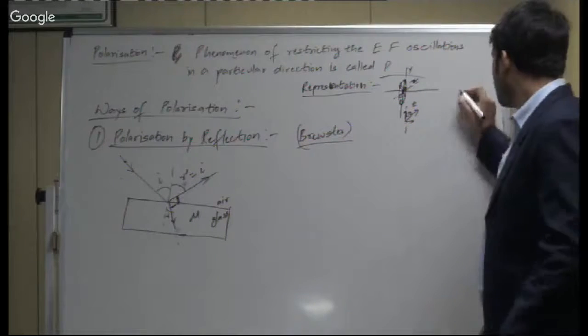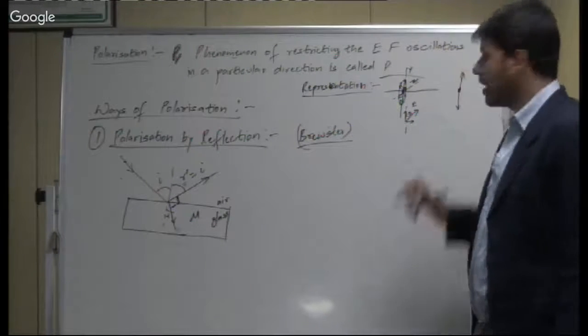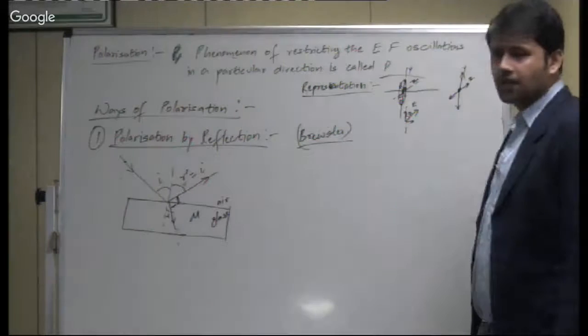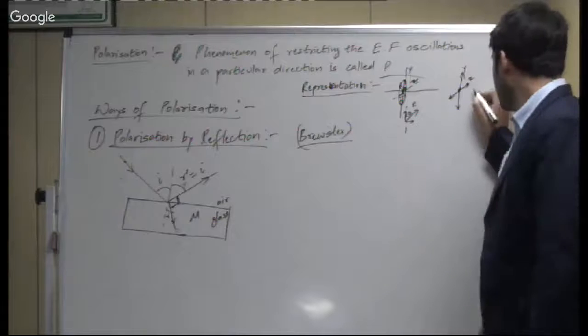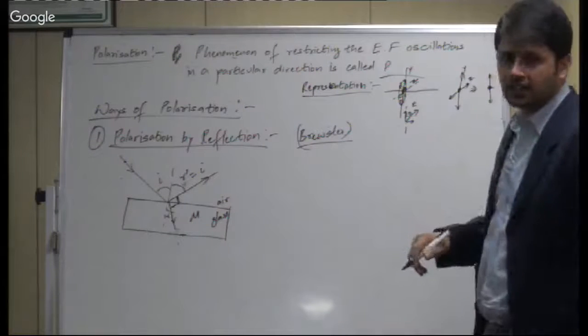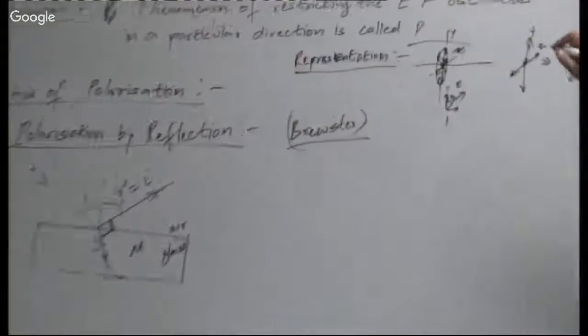The net effect is one big oscillation in the vertical and one big oscillation in the z axis direction. We represent this in 2D as a dot with vertical oscillation. The dot indicates oscillation into and out of the plane, perpendicular.